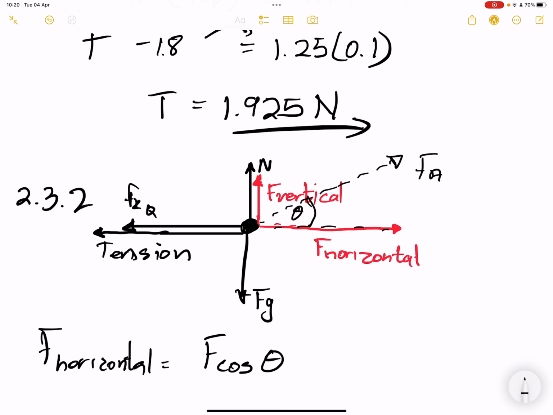If we took it as a 90-degree triangle, this would be the adjacent side, and that would be the opposite side. So this is the adjacent over the hypotenuse, which is our original force, right? So we're trying to reduce that original force into its components, right?